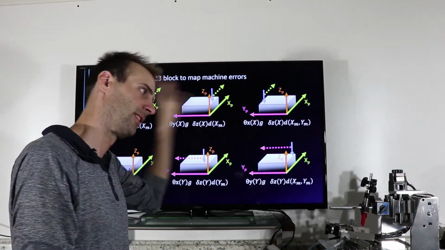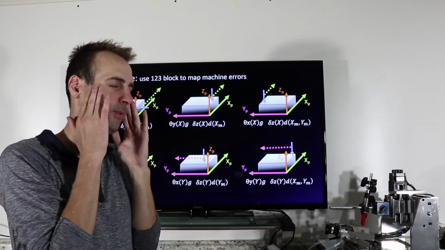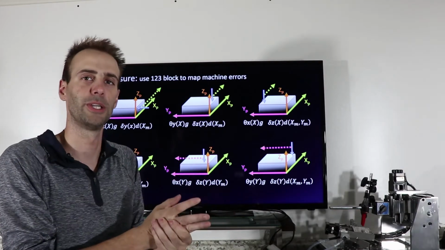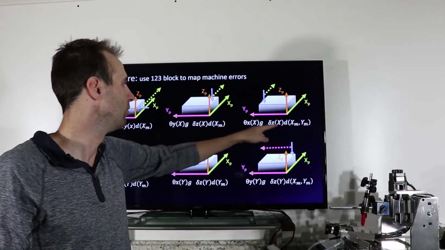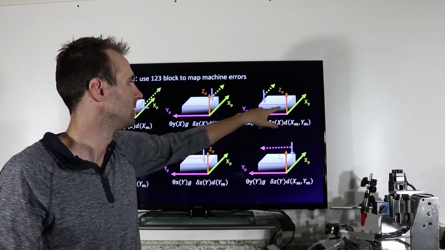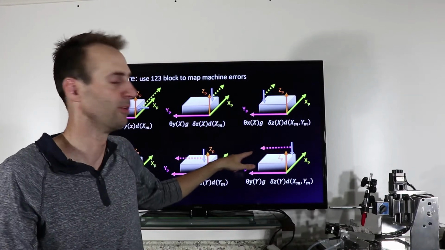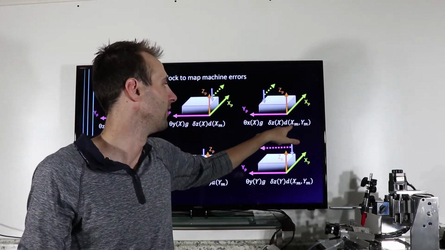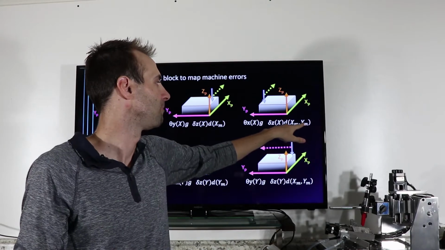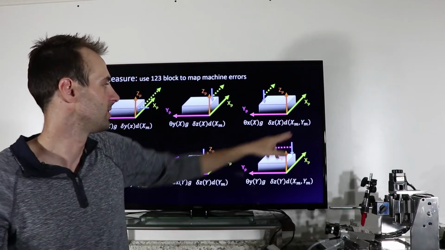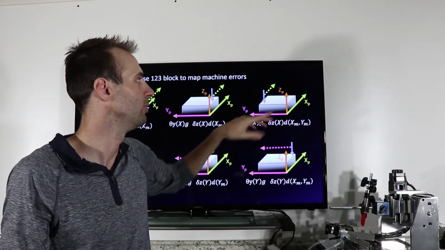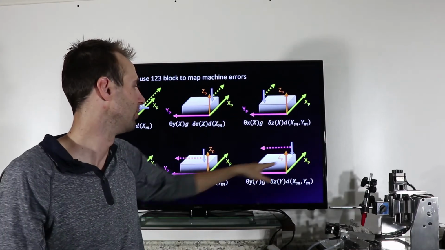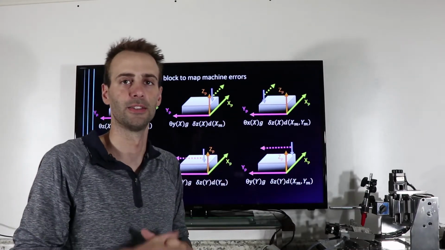So keep that in mind, really think hard about what else influences this measurement, and only move one axis at a time. So here we're moving the x-axis, here we're moving the y-axis, and even though you have this function of x and y, I'm only moving x, and I'm only moving y, okay? That's very important.